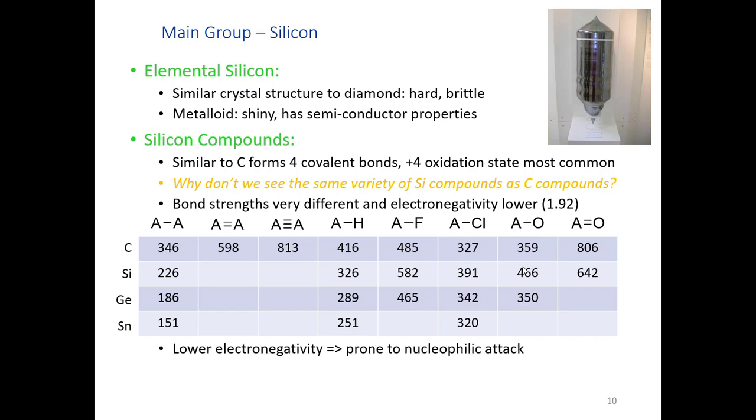Also, due to the lower electronegativity of silicon, it is much more prone to nucleophilic attack as compared to carbon. This, coupled with accessible d orbitals and silicon's larger size, explains why silicon-hydrogen and silicon-chlorine bonds are more reactive than the corresponding carbon-based bonds, both kinetically and thermodynamically.